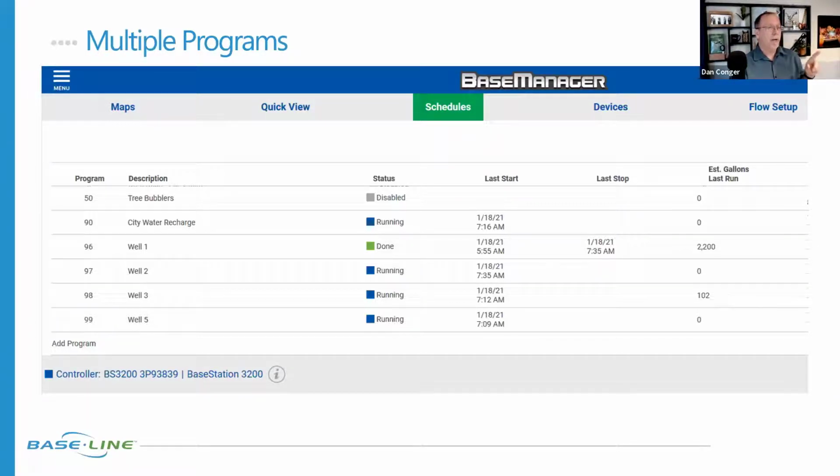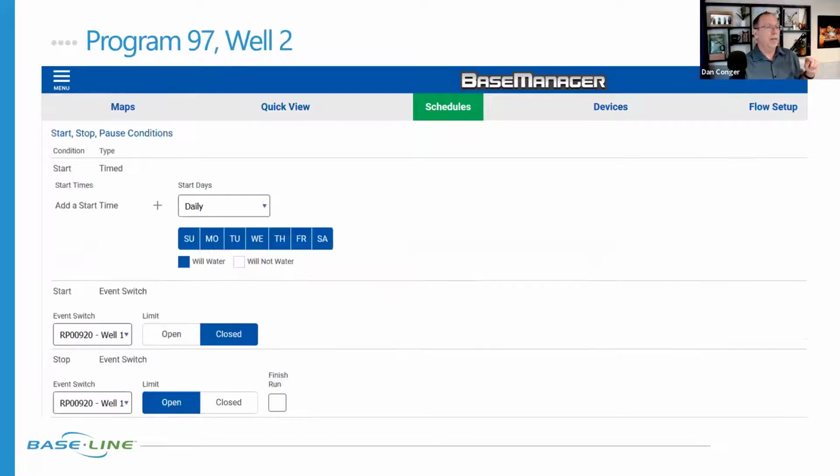Okay, so we've got each well in a program, and then let's open up program 97. This is specifically for well 2. One of the first things you notice is the start time isn't there. So in this case, it's going to run every day of the week. We took away the start time.